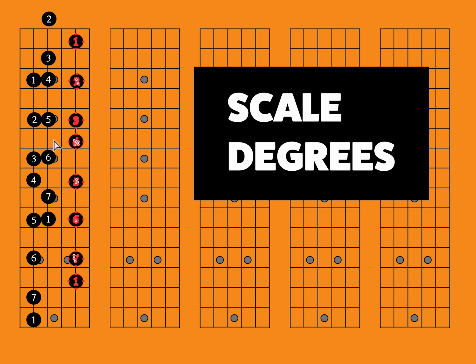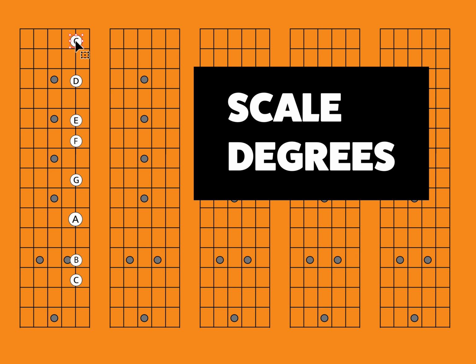Okay, so in order to fully understand this, we have to take a look at another key that is not major. And so we'll take a look at the minor key, because the minor key has a different formula.